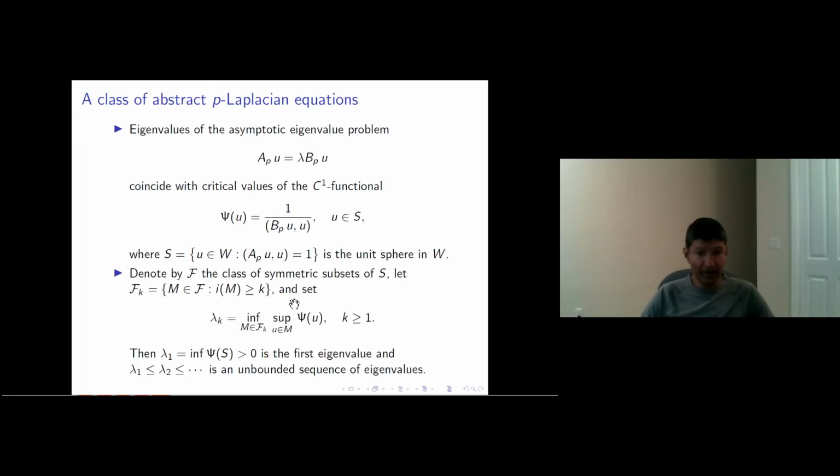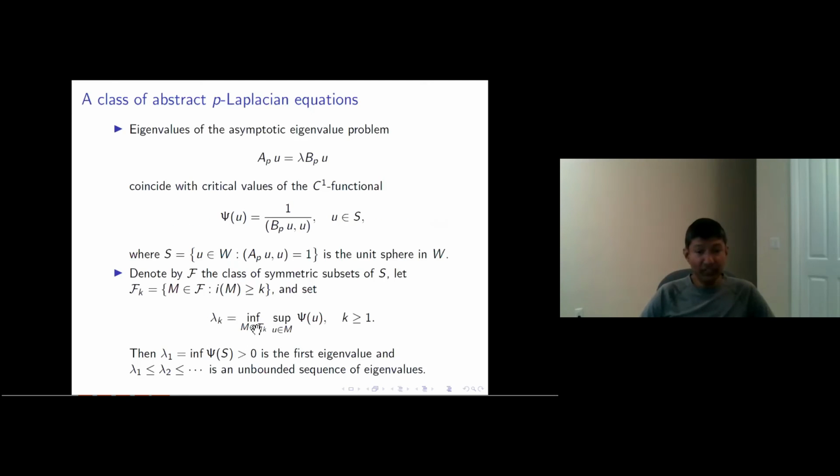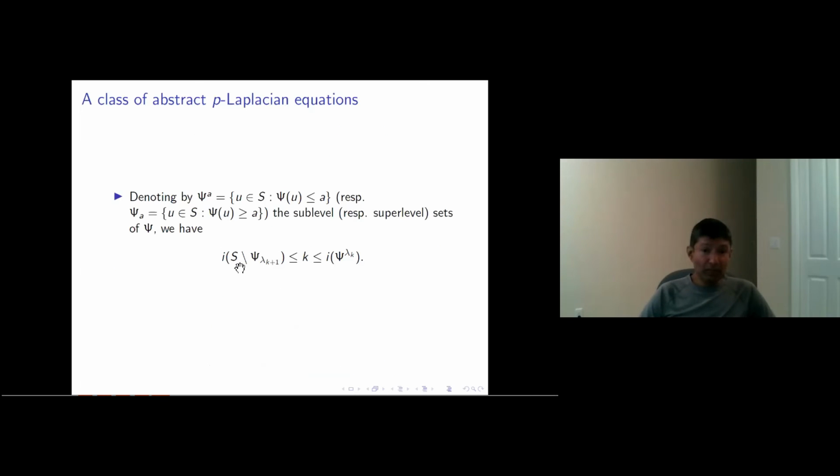So suppose you define the eigenvalues lambda k using this min-max formula, and let me denote by psi super A the sublevel sets of psi, and psi sub A the superlevel sets of psi.